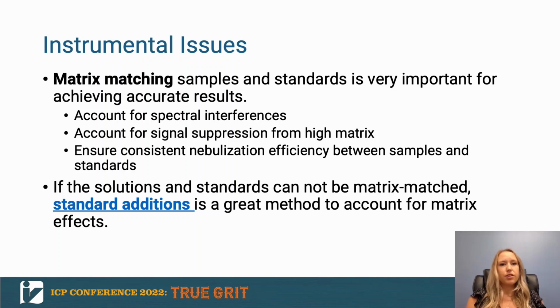Another thing you want to make sure to do is account for signal suppression from a higher matrix. So if your samples have a higher acid content than your standards, you're going to have these differences in the background signal. So you want to make sure to matrix match as closely as possible to get the most accurate results.